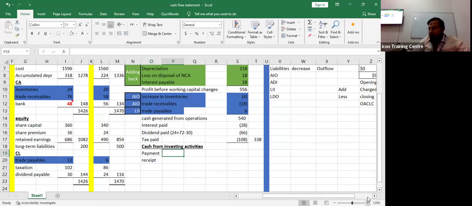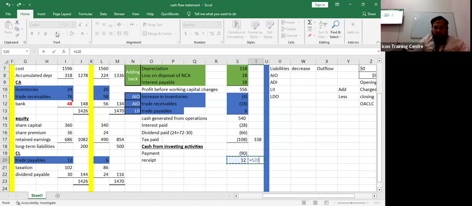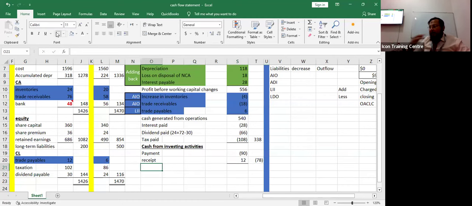You paid 90,000 for the purchase and 12,000. You remember now? So 90 you paid and 12 you received. Brother Emmanuel, you remember? Yes. So that gives 78,000. And after that, we have financing activity, cash from financing activity.